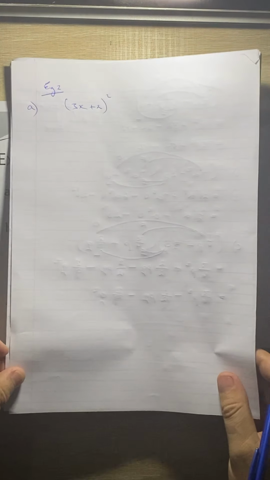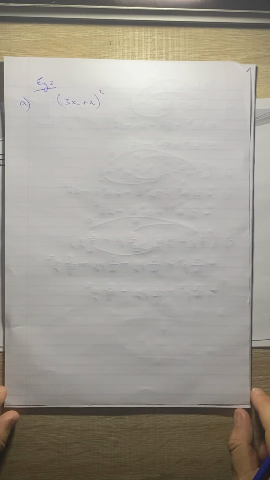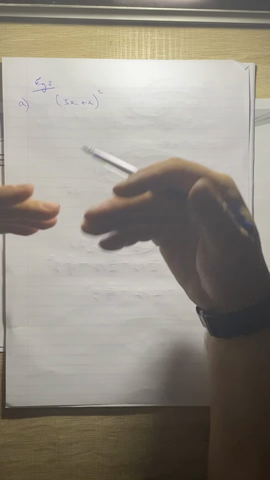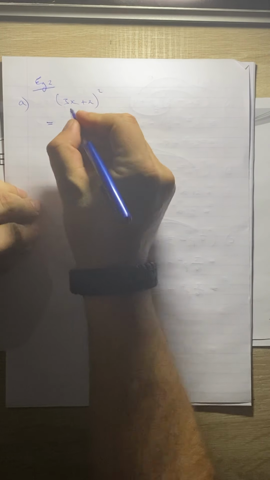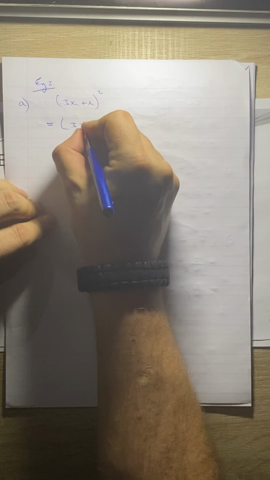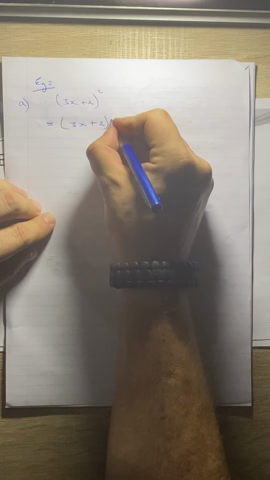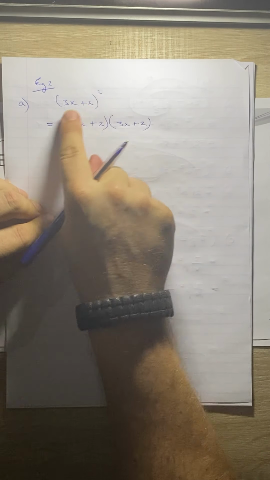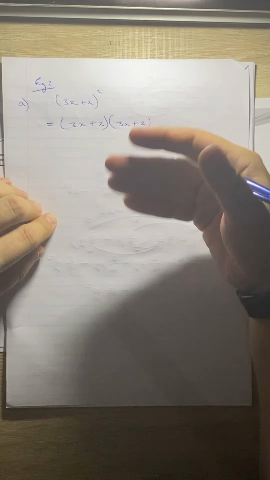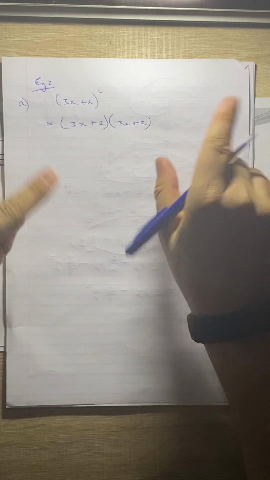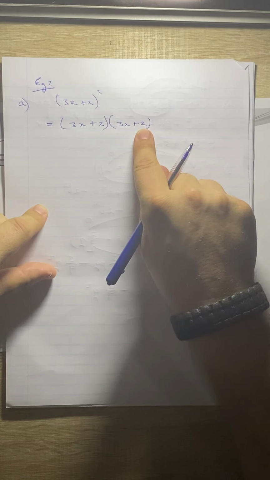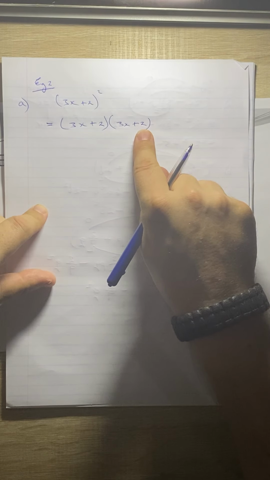Now remember with your exponents, anything squared means you've got that thing multiplied by itself. So this is actually equal to (3x + 2) multiplied by (3x + 2). We've got two of those brackets. Now remember with the example I just did, you've got a binomial by a binomial, so we must FOIL. First, outer, inner, last.